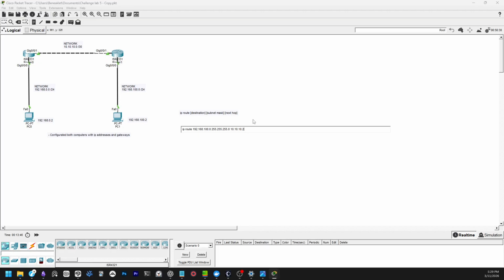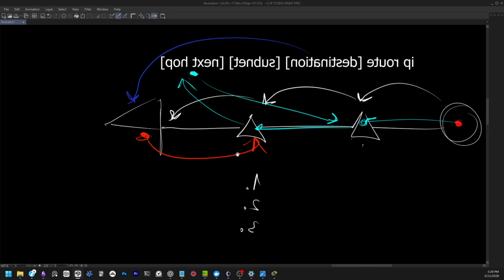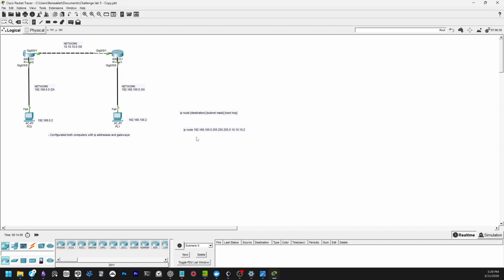We have to do this vice versa, because if we were starting from here, we also have to do the same steps. It's the same path, the same distance, same thing, vice versa. So essentially, IP route 192.168.0.0, 255.255.255.0, 10.10.10.1, which is router 0.